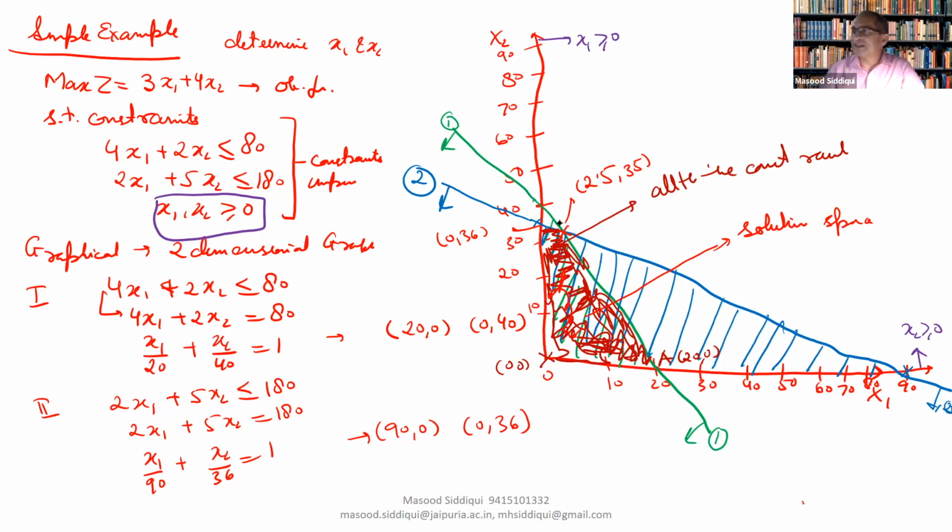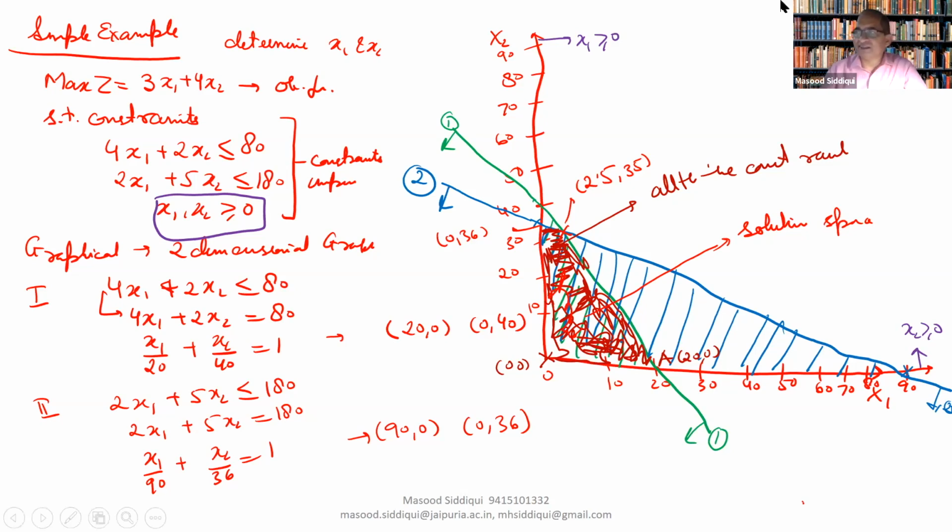Obviously, this space consists of an infinite number of points, and it is the space where both the constraints that are paramount in nature are satisfied. So it will be this part of the solutions that will be taken care of.